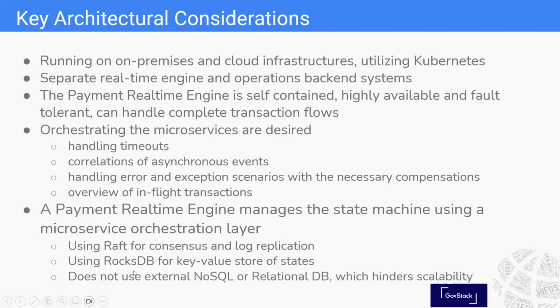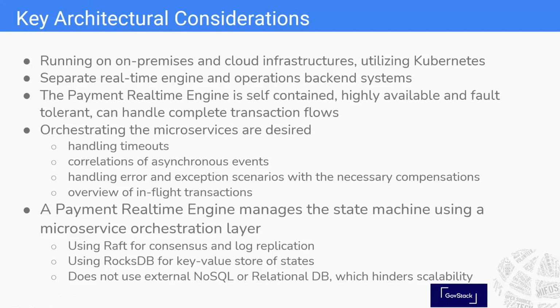So next we look at the key architectural considerations. These are the architectural considerations of Payment Hub as the solution underneath. It's designed to be run either on-premise or in cloud infrastructure, and to enable that easily, we utilize Kubernetes within the architecture.